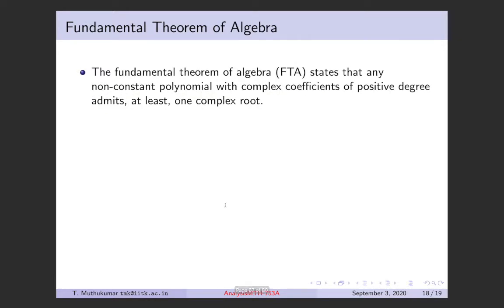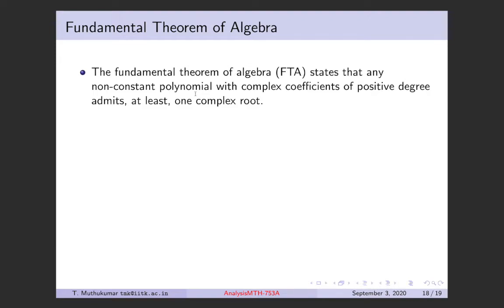With this, let's get into the statement of the fundamental theorem of algebra. So what does the fundamental theorem of algebra say? It says that any non-constant polynomial. Non-constant, as I already explained in the previous lecture, because any constant function, if it's the zero constant function, has infinitely many zeros. It's a trivial case, you remove that.